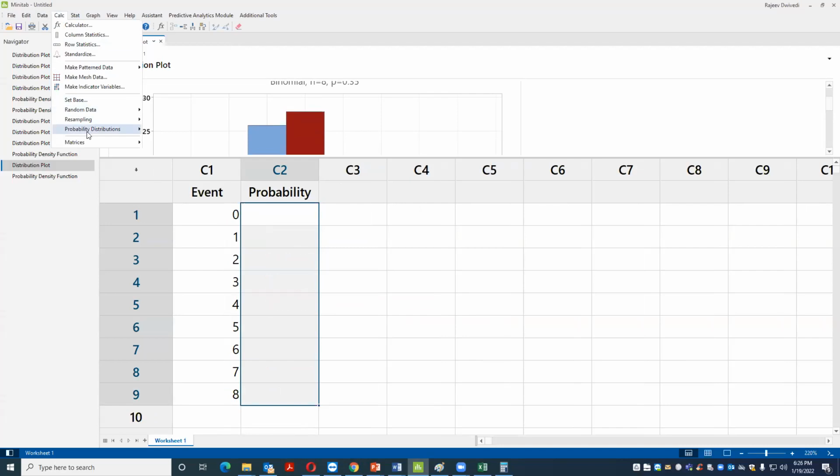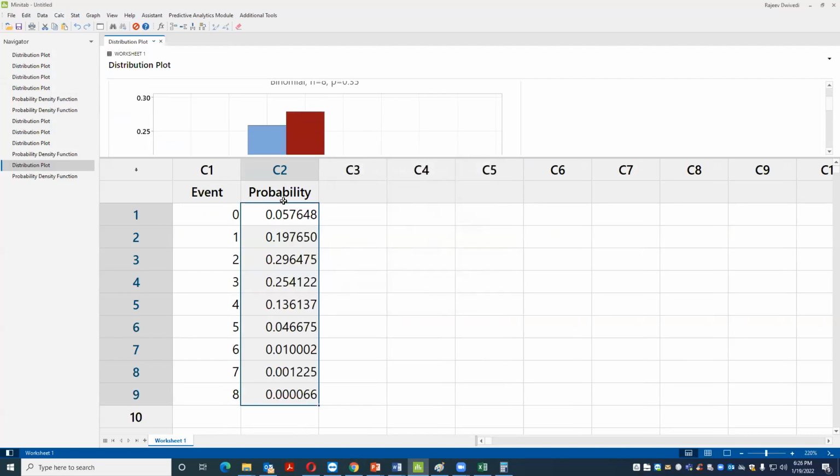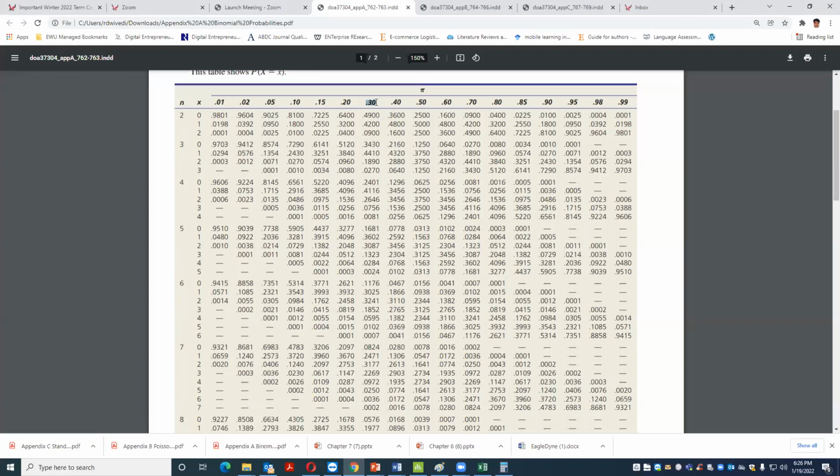Calculator, probability distribution, binomial, and instead I'm going to just use 0.3 so that I can compare. Now I have the probability of 0.3, which is this. Now look into this: 0.3 and this is 8.